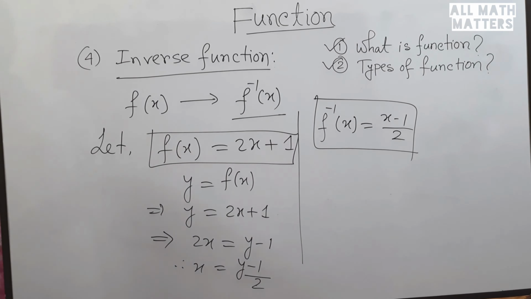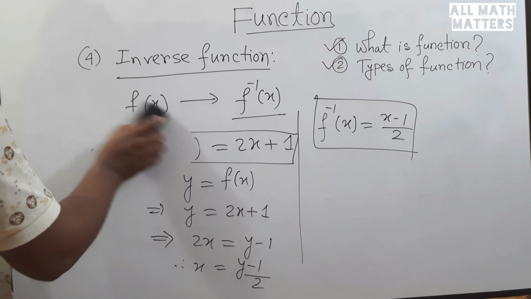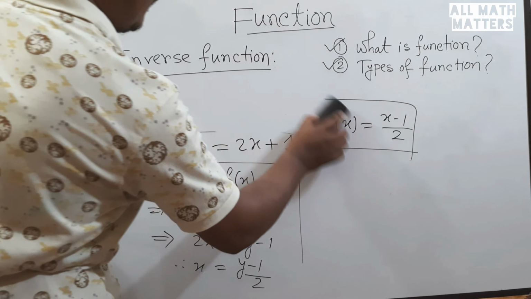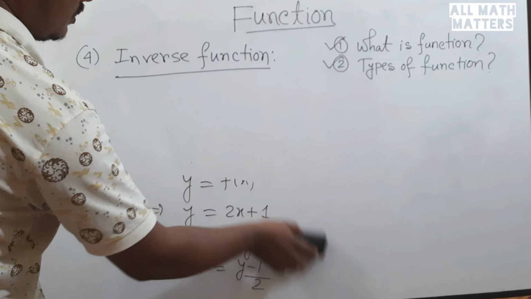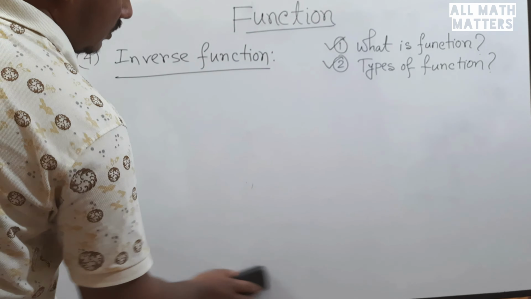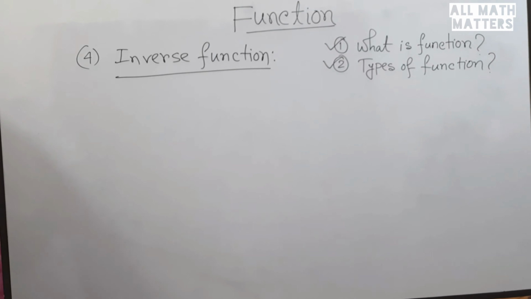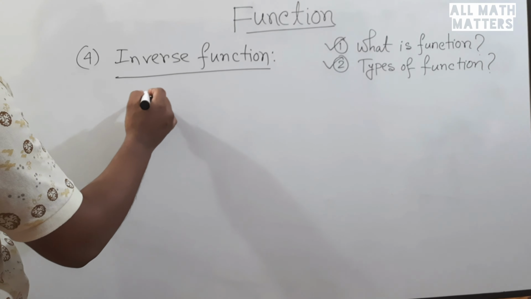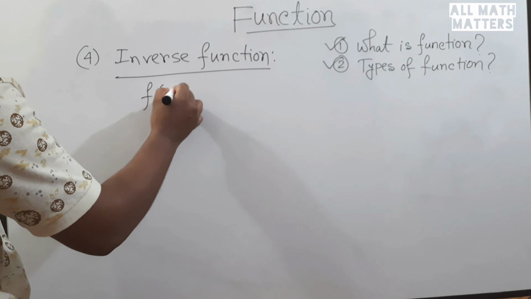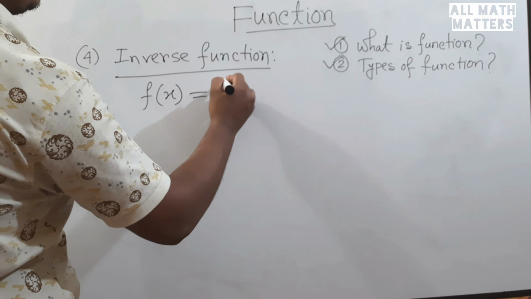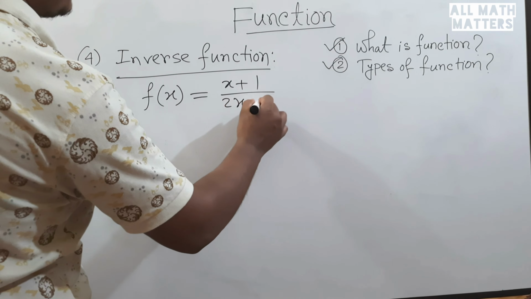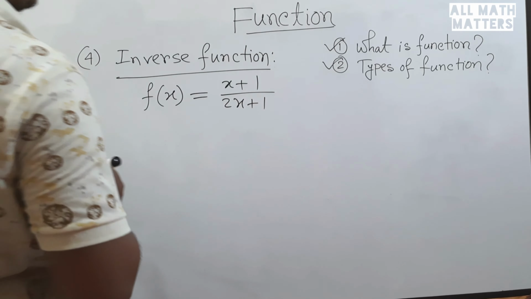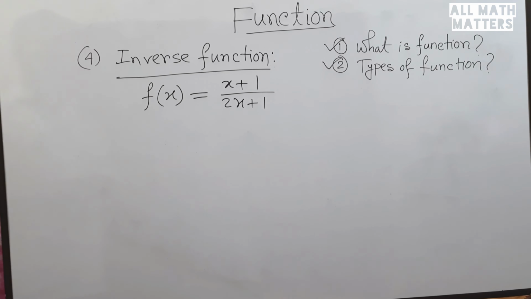Okay, now we can see another example of this inverse function, then you can understand better. Now we consider a rational function. If we consider a rational function like f(x) = (x + 1)/(2x + 1), then what will be the inverse of this function?